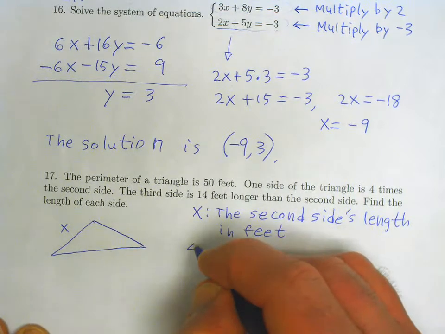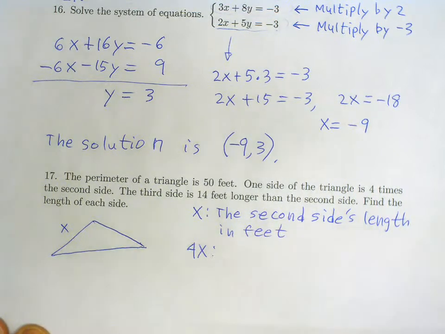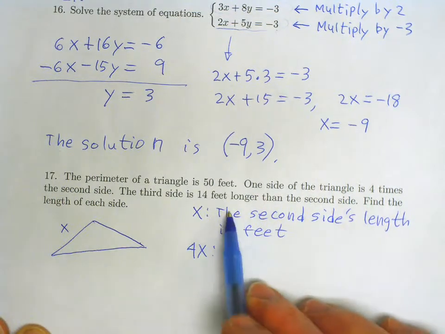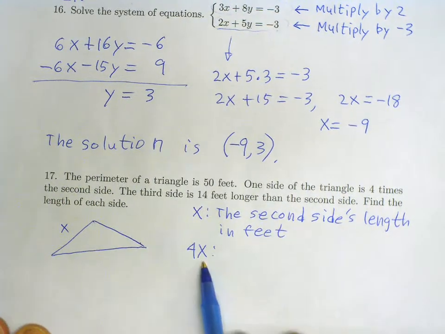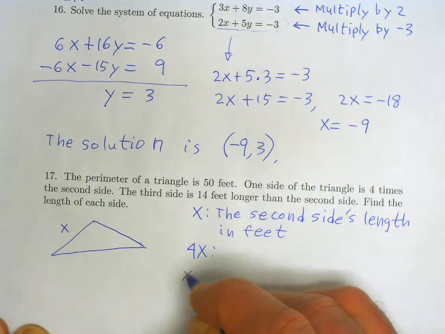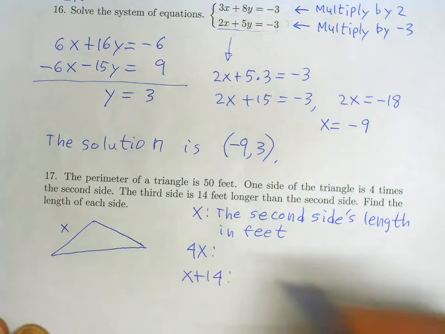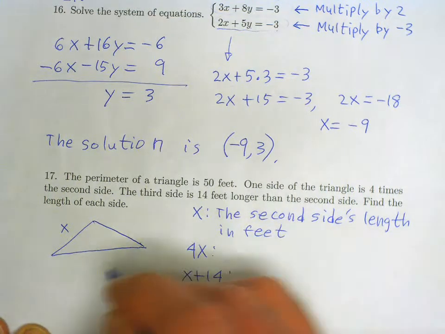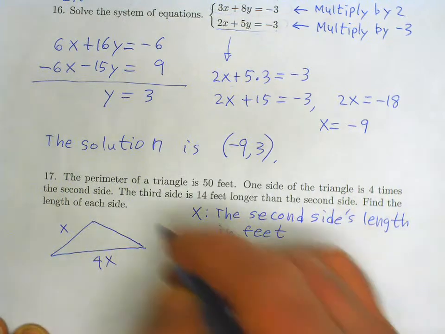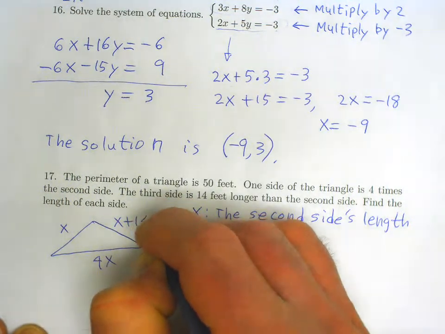So 4 times x is that side. Then the third side is 14 feet longer than the second side. So that's x plus 14. So I'll just label this to be 4x and this to be x plus 14.